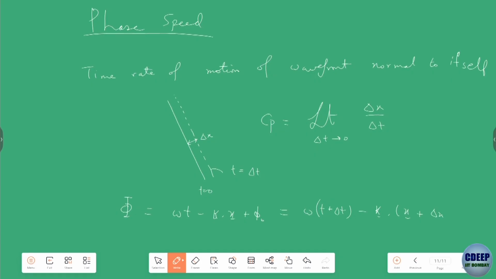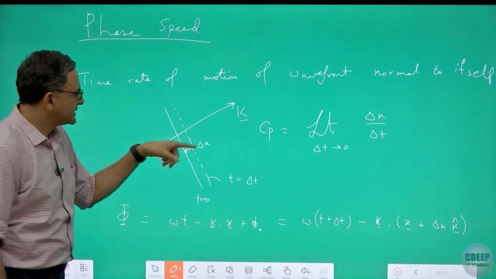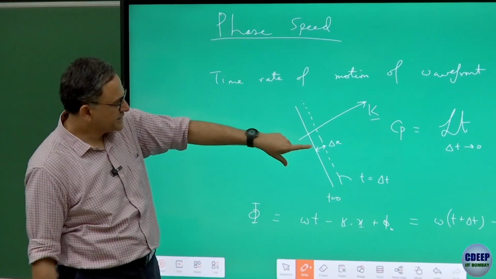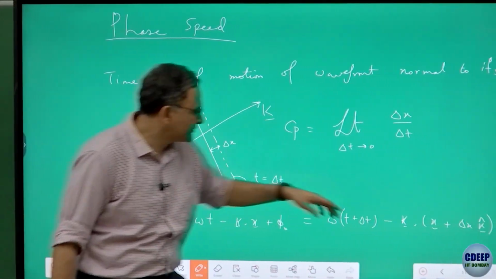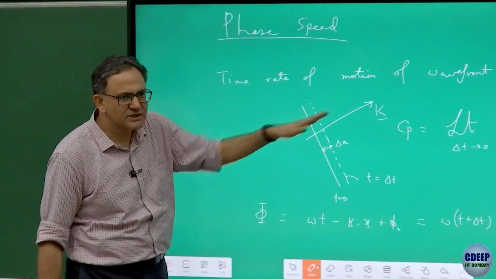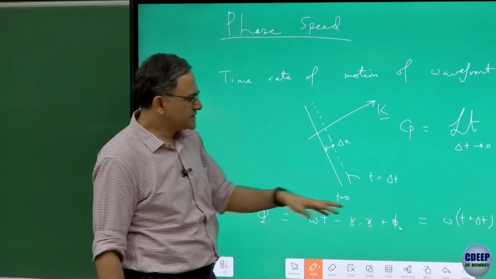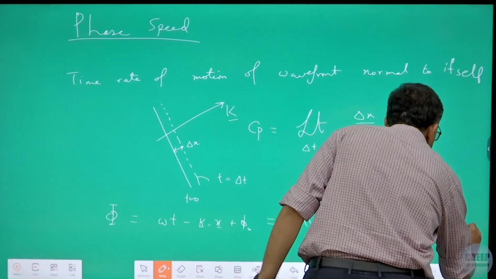Delta x is defined normal to the wavefront. So that normal direction is the kappa direction. That is the meaning of kappa. So this is delta x kappa hat, a unit vector in the kappa direction. So my delta x is not in an arbitrary direction, but the change in x that I am looking for is delta x in the direction of the kappa vector.